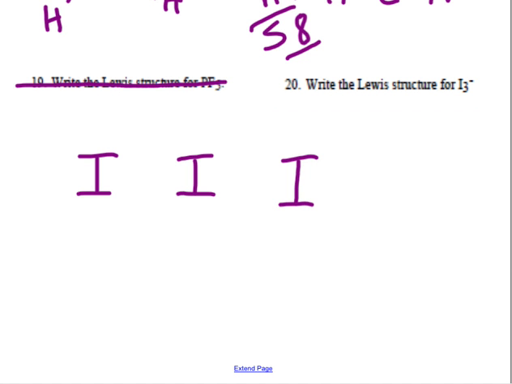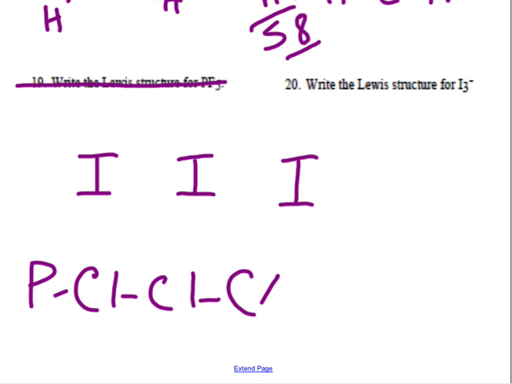Like I remember a few years back, I had this being done. Okay, you have a central atom. Identify your central atom. Even if it's a repeat atom, you still have a central. And it's that central atom that's going to determine the shape and everything.